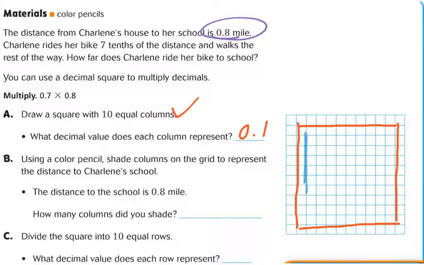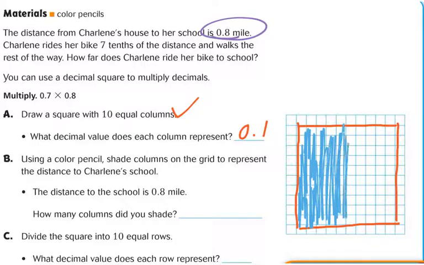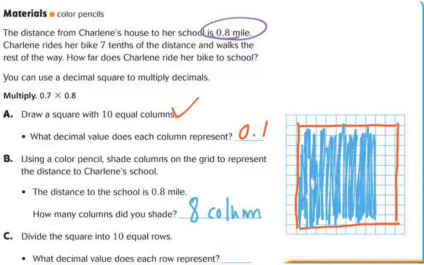So we have 1/10, 2/10, 3/10, 4/10, 5/10, 6/10, 7/10, 8/10. How many columns did we shade? We shaded 8 columns.